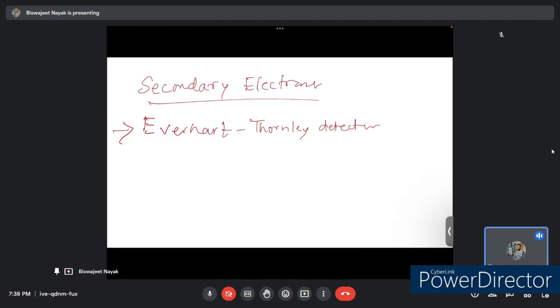This Everhart Thornley detector can detect all kinds of secondary electrons like SE1, SE2, SE3. The SE1, which are generated directly where the primary beam is coming, they can detect that also.